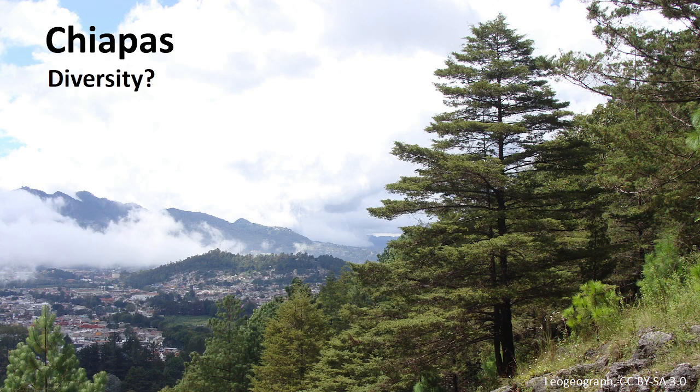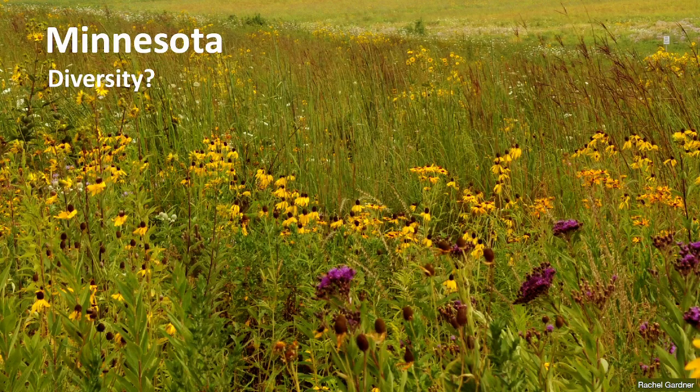If one thinks about diversity and patterns of biological complexity, one can look at Chiapas and ask, how do we have so much diversity of life, and why do we see the kinds of organisms that we see? In Minnesota, where I'm at, there's also diversity, and we wonder why we see the many different kinds of flowers that exist.